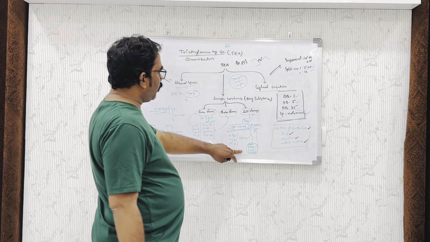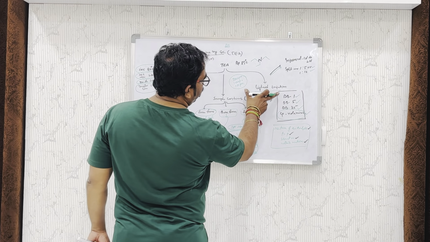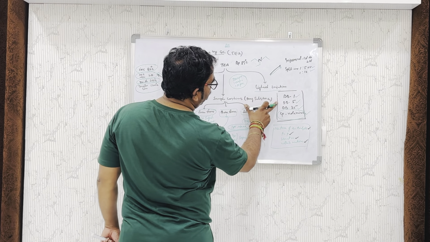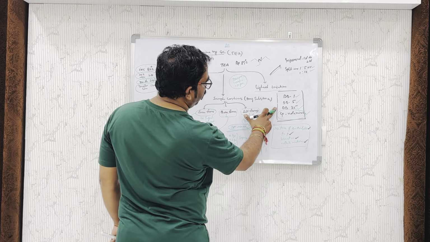Now, if it comes to the oven program, whatever existing oven program we have used, that same program we can apply for the extraction method also. Here also we can use a DB1 column or a DB5 column or a DB35 or CP1. This simple technique we can use for the quantification of triethylamine in drug substance.